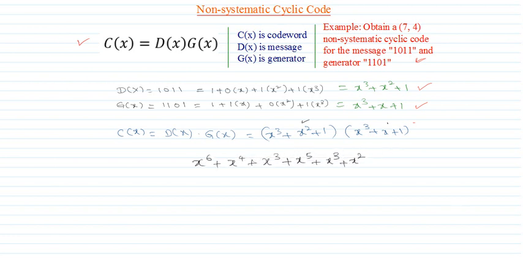Then I can have the next terms, that is I'll be multiplying this 1 with this entire equation. So thereby I'll get plus 1 into x cube, it is x cube, plus 1 into x, it is x, plus 1 into 1, it is 1. So this is the c of x equation.